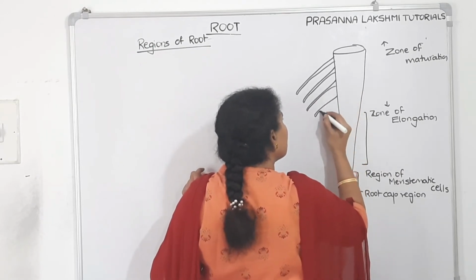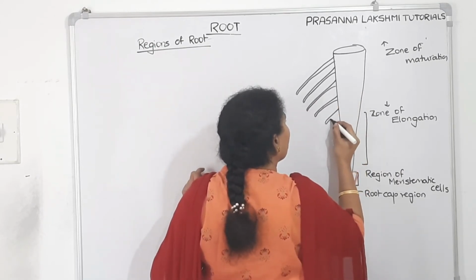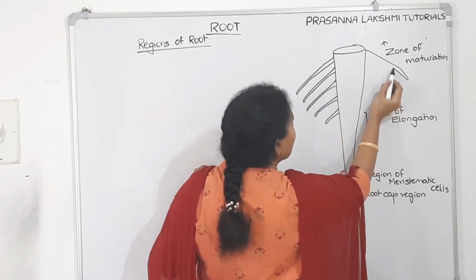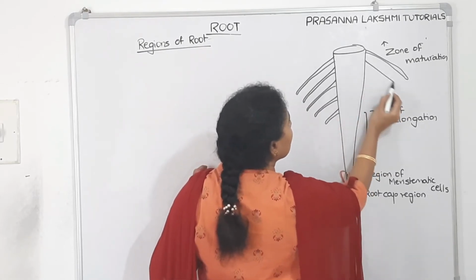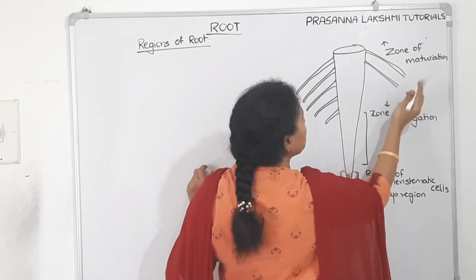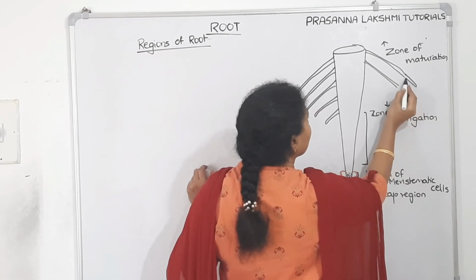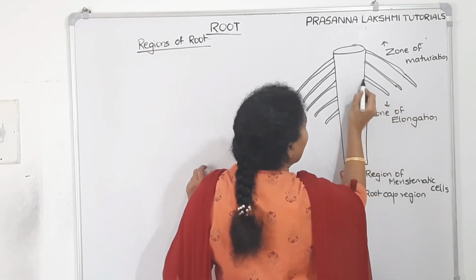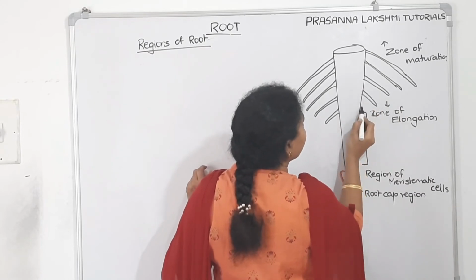Till the maturation region is there, we can draw. But see, I am making them in acropetal succession, means at the base I am making bigger root hairs and lateral roots, and then as I am coming, I am making them smaller, to show acropetal succession, right?